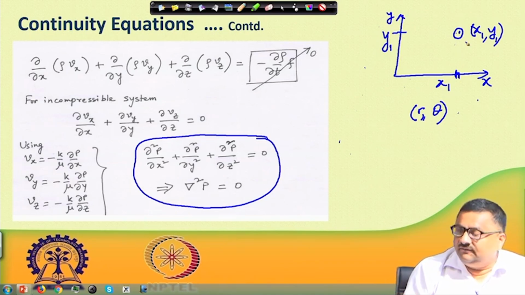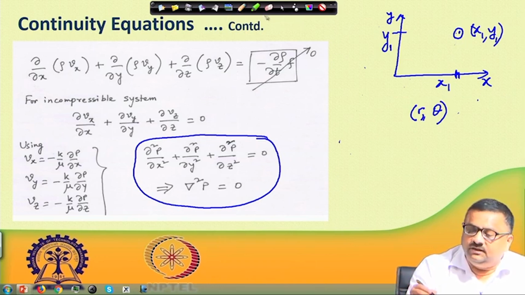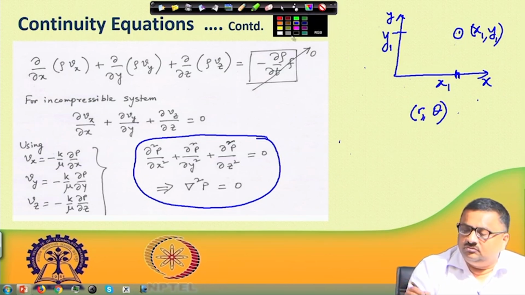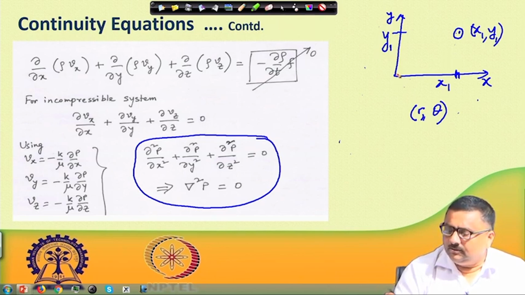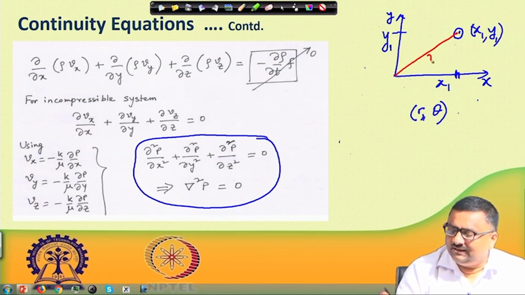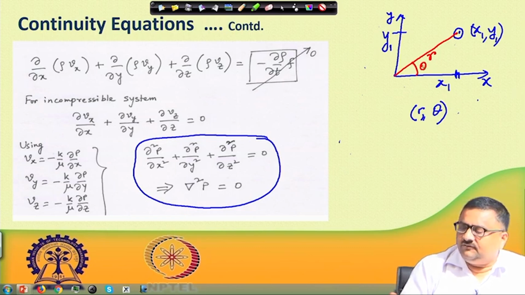The other way of defining this point would be to go by this distance, which we call r, and this angle, theta. Let us say this is r 1 and theta 1. So, instead of calling it x 1 and y 1, we can call it r 1, theta 1.